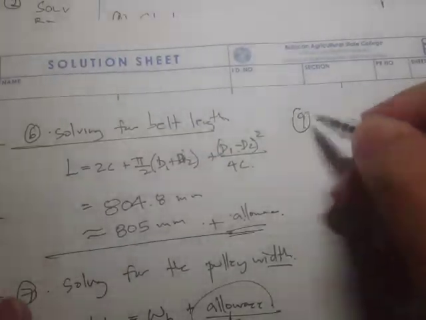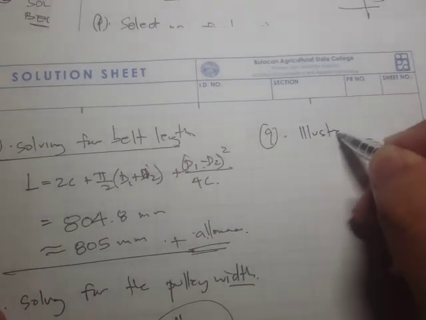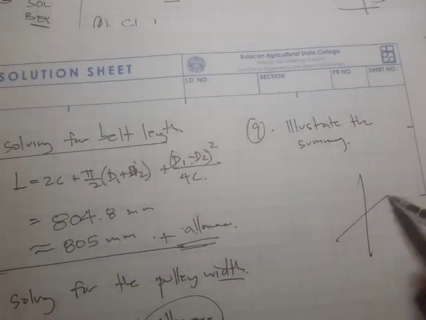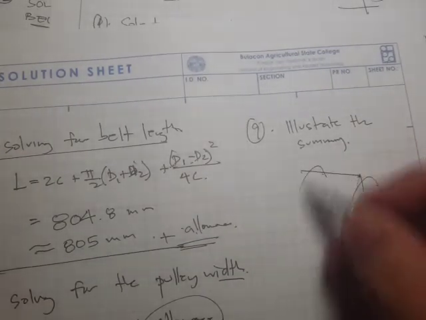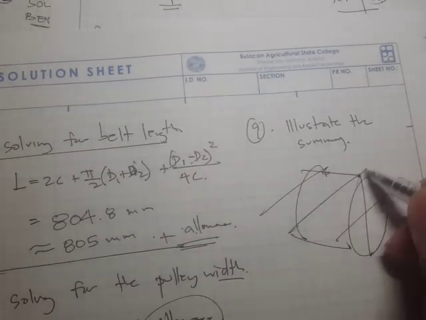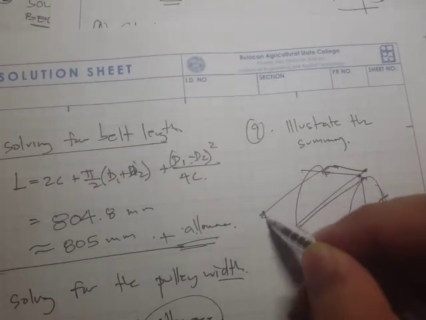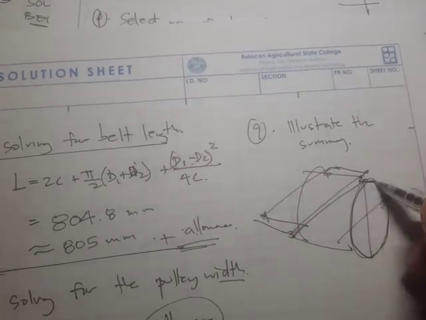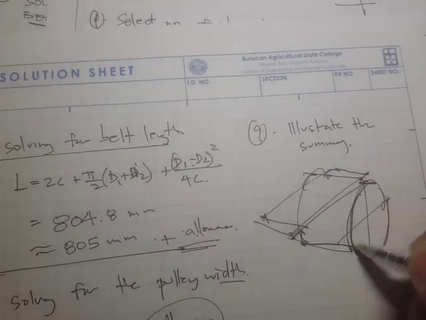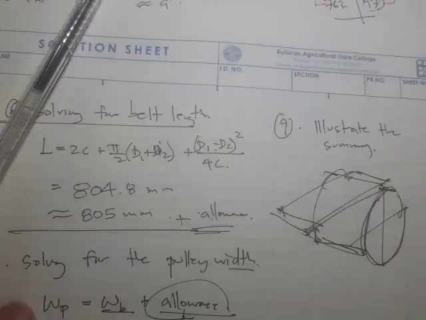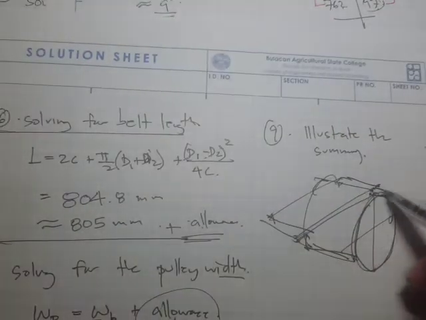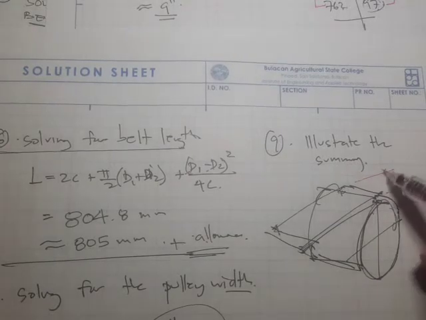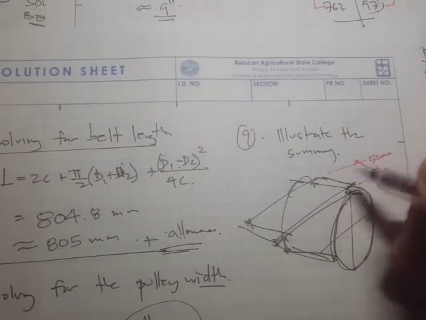We can also draw, if we want, illustrate the summary. So here's our pulley, and here's our belt. This is 50 mm.